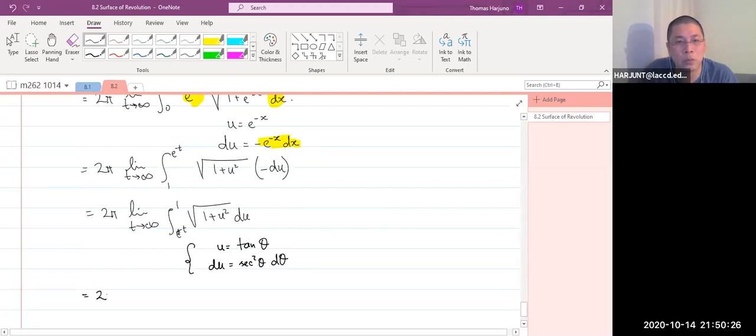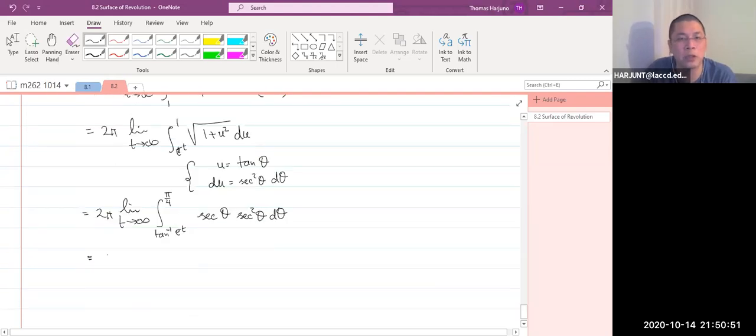This is 2 pi limit as t goes to infinity of the integral from tangent inverse of e to the negative t to pi over 4 of secant theta times secant squared theta d theta. Secant cubed. The integral of secant cubed is, I'm kind of rushing because of time.